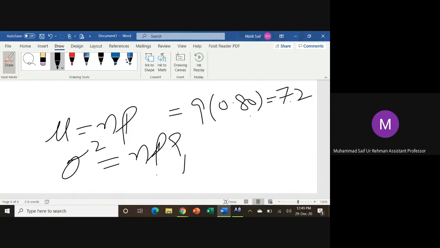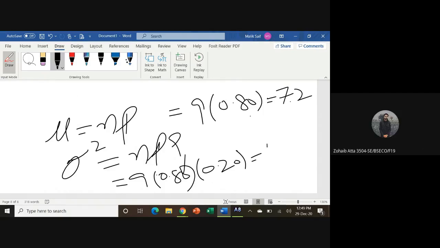So you can say that on average, 7.2 homes have LEDs. What is the variance? Simply multiply 0.80 by 0.20 by 9. The answer is 1.44. So this is the variance.